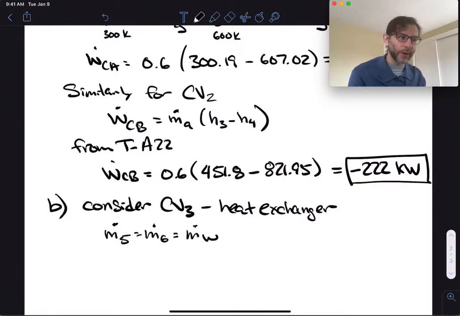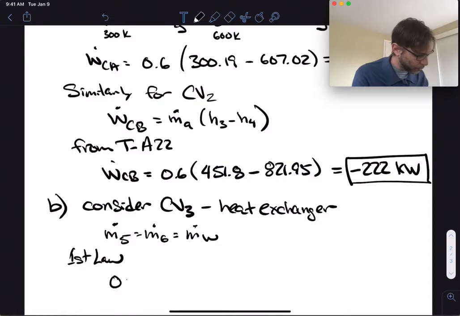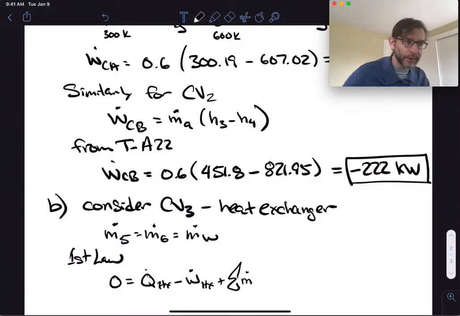We already wrote that. So for the heat exchanger, on the water side and the air side, we need to write the first law overall for the heat exchanger, right? So if we put the control volume all around it, we need to sum everything. So 0 equals Q heat exchanger minus work heat exchanger, plus the sum of m dot i, h i, coming in.